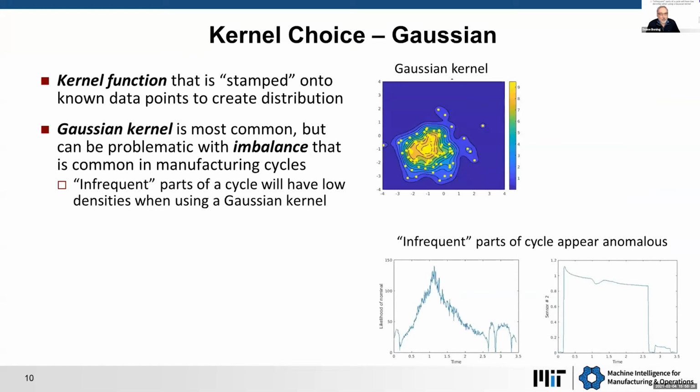Perhaps most conventionally, a kernel choice that is often used is a Gaussian function with some kind of length scale. However, this can be problematic when you've got imbalance, not necessarily good versus bad data imbalance, but imbalance across a cycle or across your time series in how frequently you see different combinations in the normal run cycle of those sensor signals.